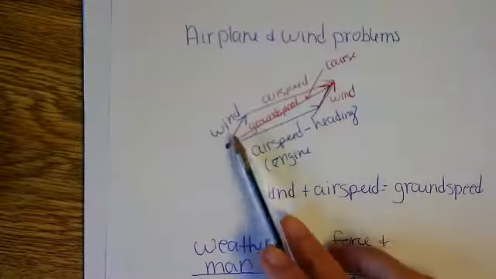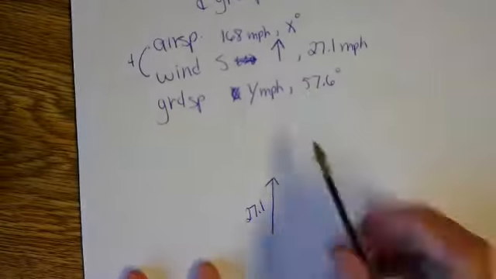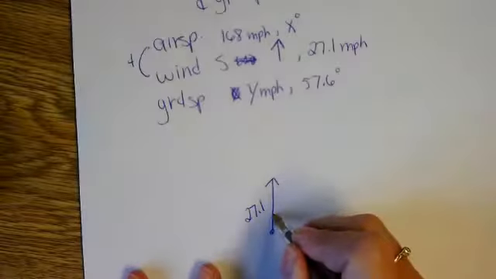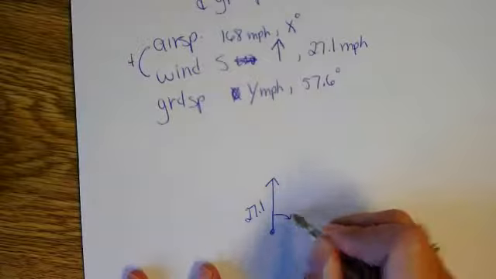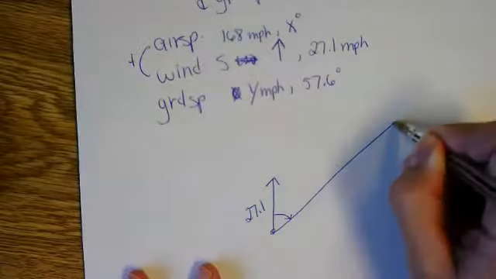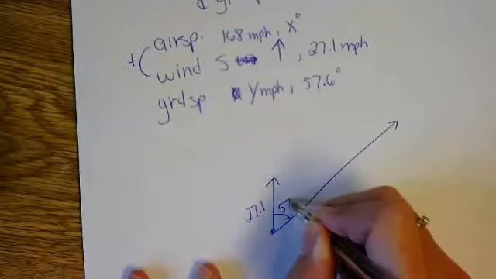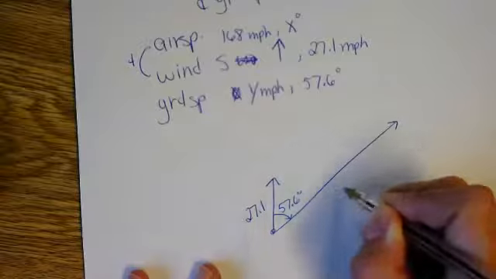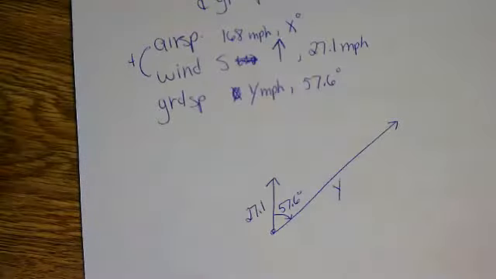Right here. The wind and the ground speed are tail to tail. So I need to swing over from the north 57.6 degrees. And I don't know how long or how much force is on that.